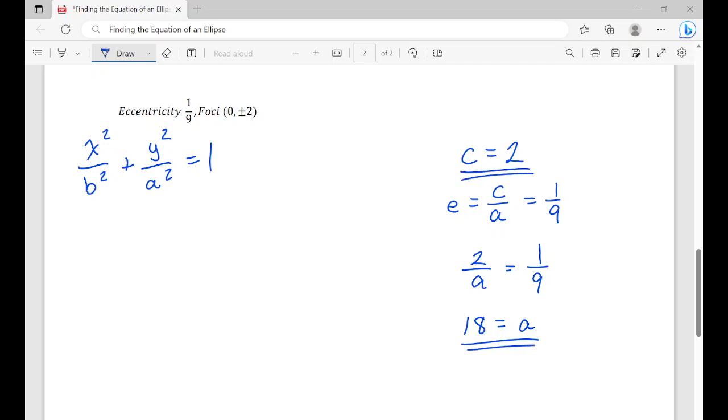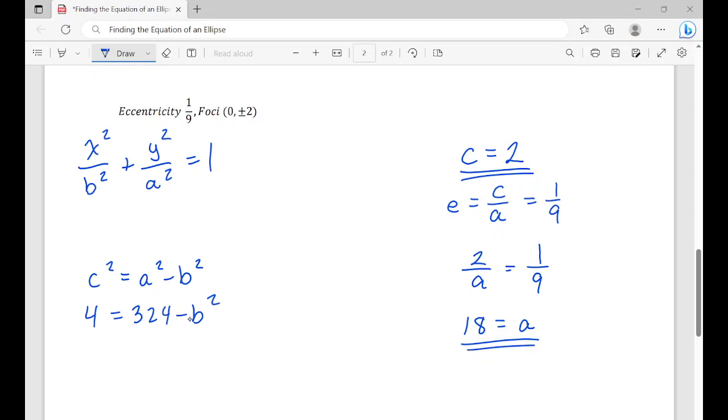I know c, and so I can use the c squared equation to find b. So come over here, c squared equals a squared minus b squared. Going to give me 4 equals 18 squared, which is going to give me 324 minus b squared.